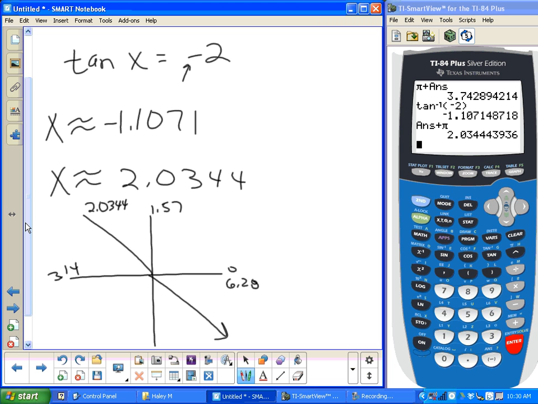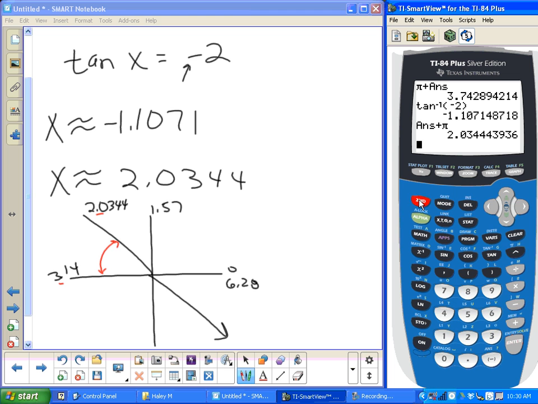Now, how are we going to find that angle? Well, we need a reference angle. So let's find out here what that reference angle is. How could I find that reference angle? Pi minus that. So my calculator will do pi minus answer.